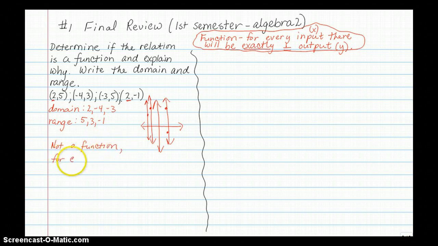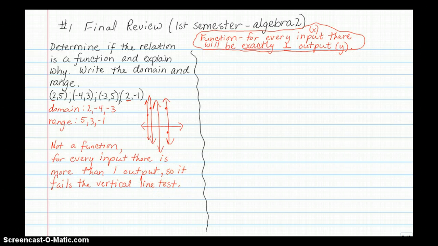For every input, there is more than one output. You could put it fails the vertical line test, comma, so it fails the vertical line test.